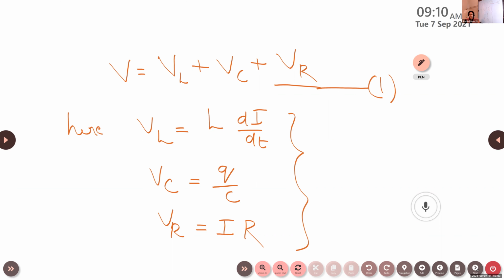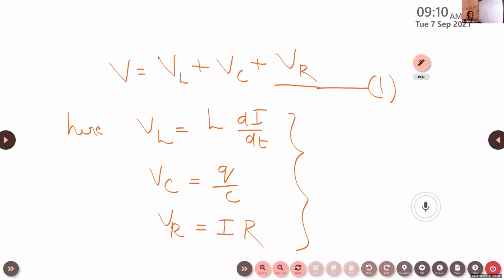In the case of the inductor, the induced EMF is given by E is equal to L into di by dt. We already derived this equation in our previous chapter, electromagnetic induction. So instead of induced EMF E, we use the term VL: VL is equal to L into di by dt.